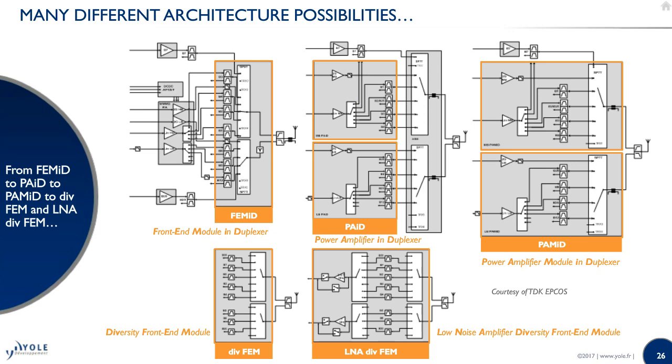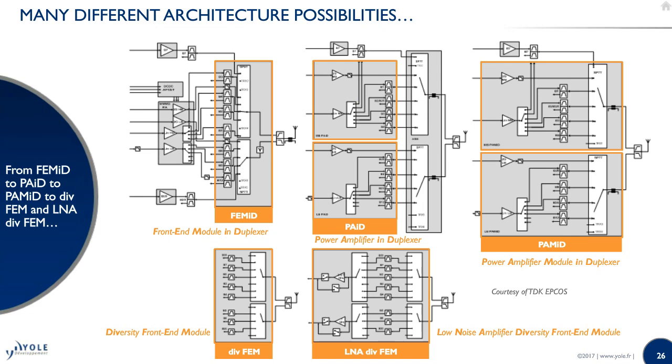While, like Stefan presented, the Chinese players are using more of a discrete approach, where your focus will be more on the cost than on the performance, so you could tackle, for example, the front-end module with duplexers or even discrete components. And that's the old battle that we will see in the future. Each architecture has an advantage in terms of performance and cost, but which one will win? This is something to watch very closely.